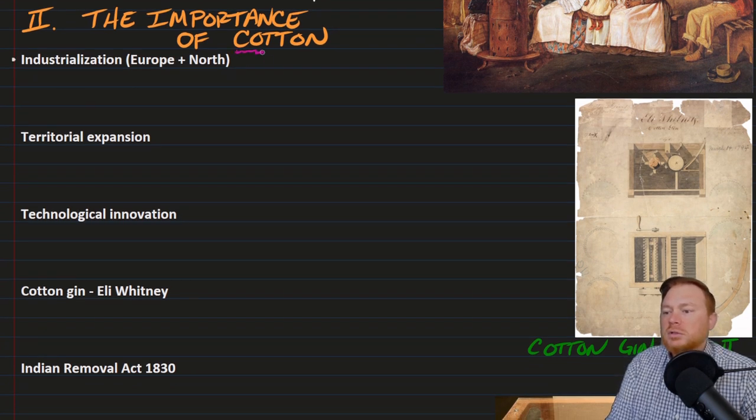And cotton becomes so valuable that it's sometimes referred to as white gold.